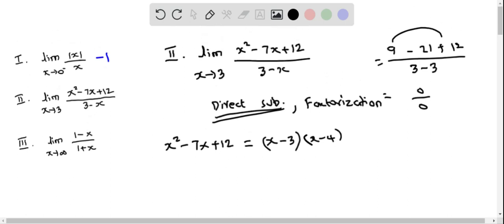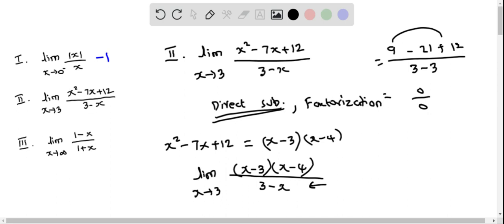So therefore, the limit becomes the limit as x approaches positive 3. Then I can replace the numerator as x minus 3 times x minus 4 over 3 minus x. And I'm going to rewrite this 3 minus x; it can be written as negative of x minus 3. We basically factorize negative 1 from the two terms.